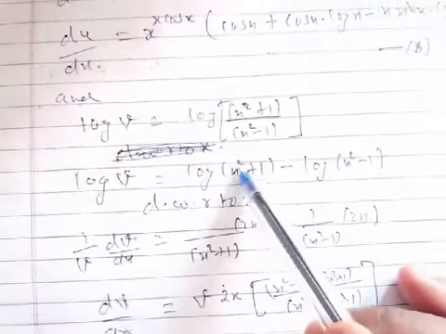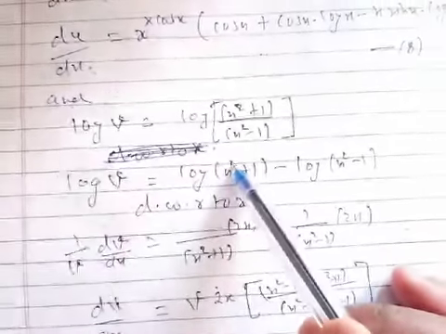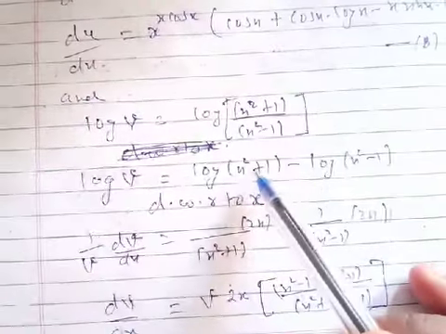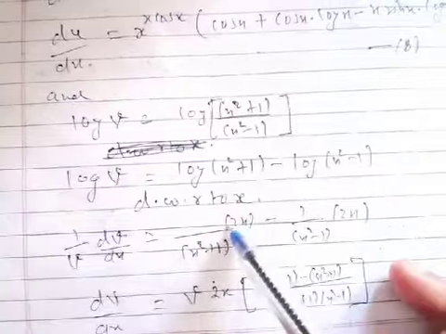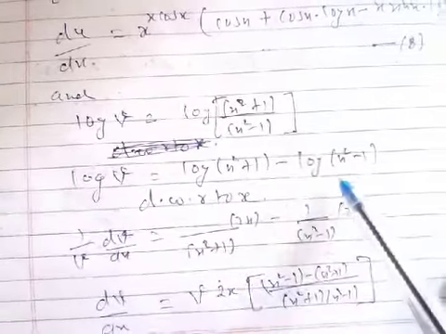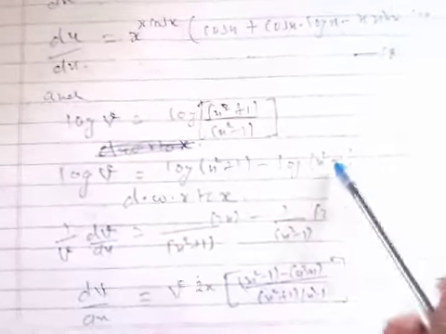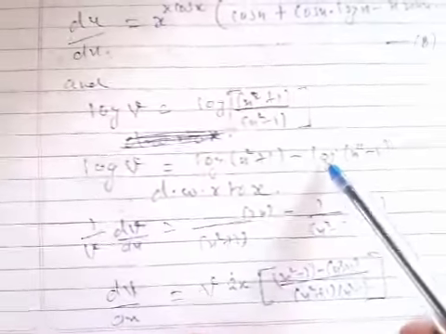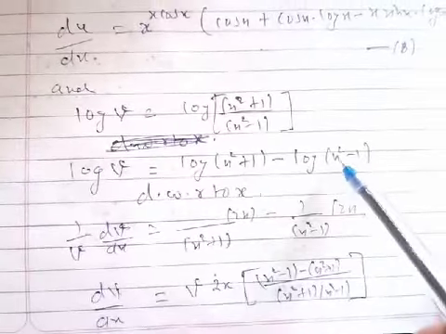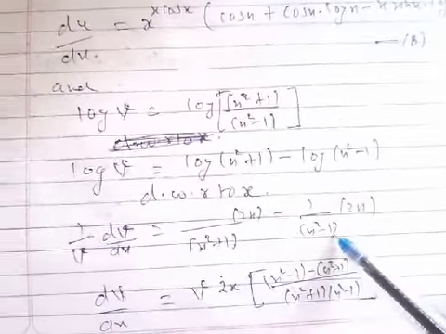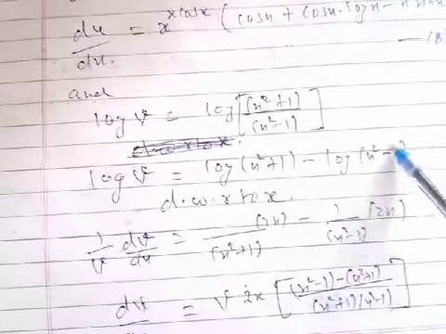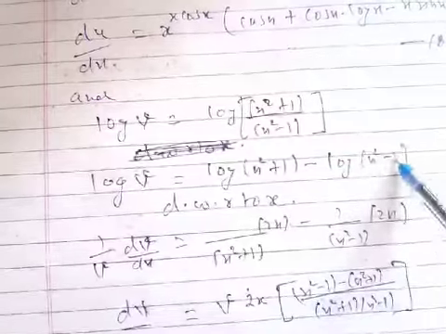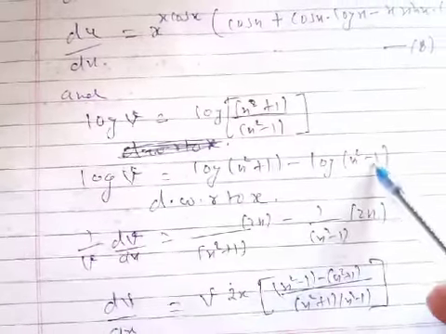What is inside? X square plus 1. The derivative of x square is 2x plus the derivative of 1 is 0, so it will be only 2x, minus. We'll take the derivative of this one. So first with respect to log, it will be 1 upon x square minus 1, and we'll take the derivative, which will be 2x, because the derivative of minus 1 is 0.